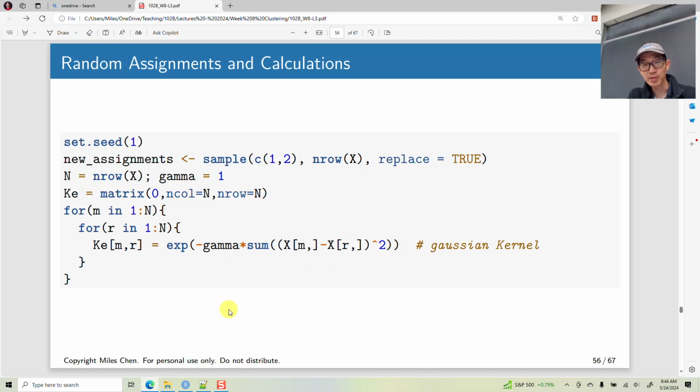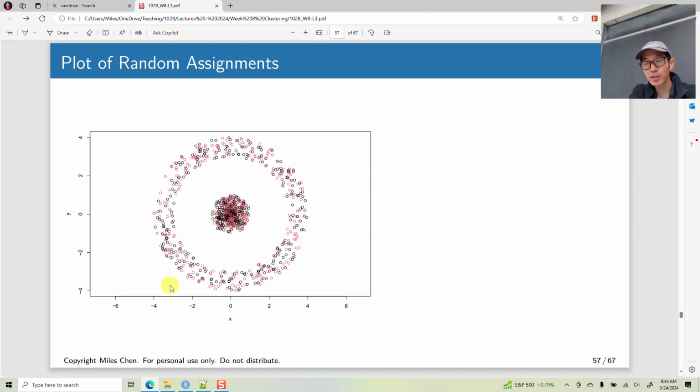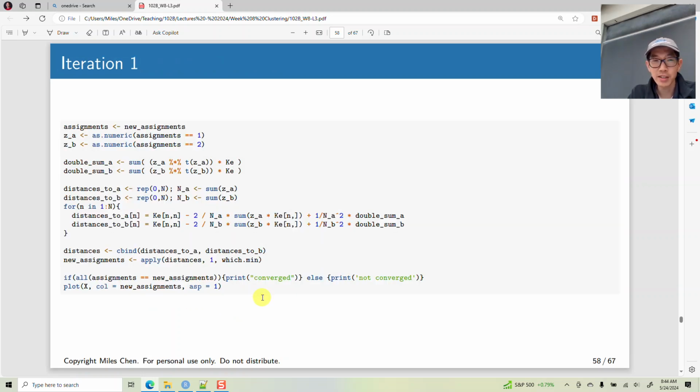Okay, but here we will do some random assignments. I'm going to apply the Gaussian kernel, and we will recalculate the distances to these mystery location centroids. I start off with my random assignments, and then I calculate the distances and reassign points.